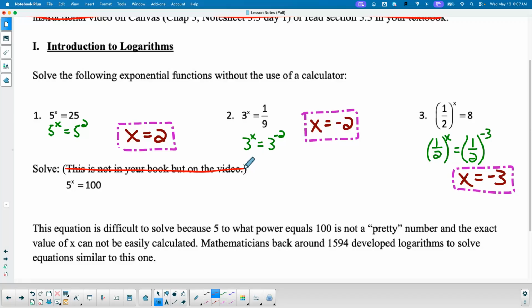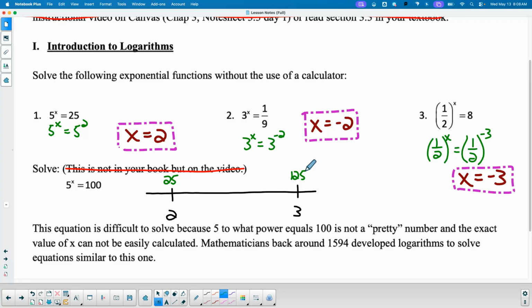What would it be somewhere in between? 2 and 3. 5 squared is 25. 5 cubed is 125. 100 falls in between there.